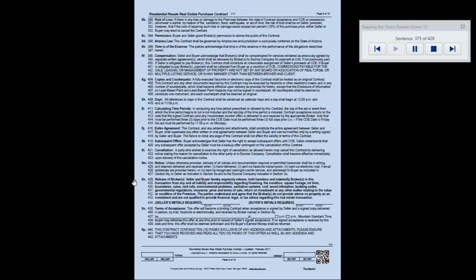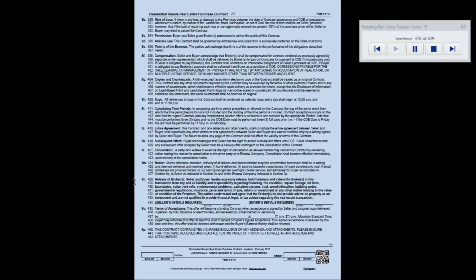8N. Release of broker or brokers. Seller and buyer hereby expressly release, hold harmless and indemnify broker or brokers in this transaction from any and all liability and responsibility regarding financing, the condition, square footage, lot lines, boundaries, value, rent rolls, environmental problems, sanitation systems, roof, wood infestation, building codes, governmental regulations, insurance, price and terms of sale, return on investment or any other matter relating to the value or condition of the premises.